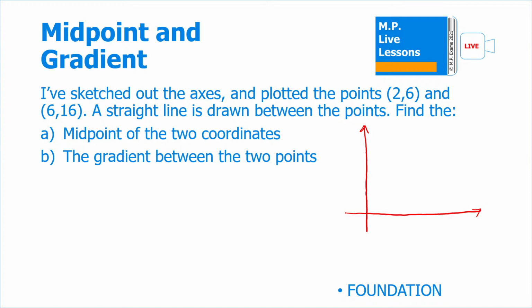Let's say the point 2, 6 is about here, and then the point 6, 16 is about here.